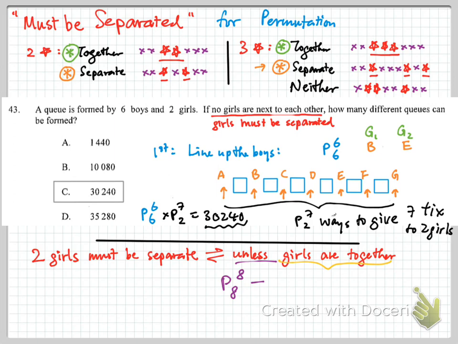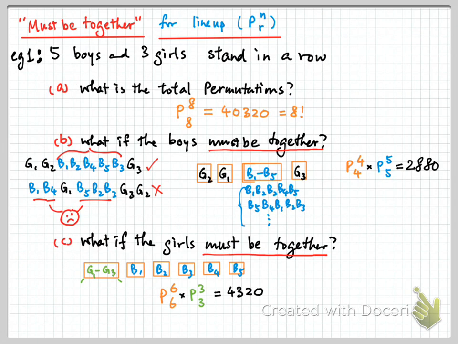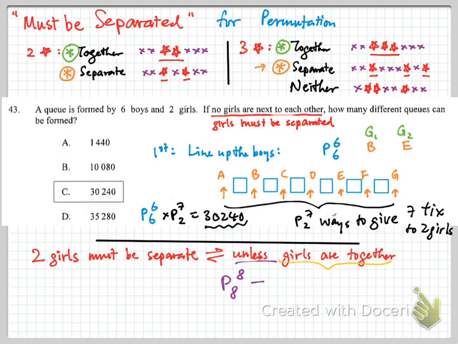Alright, we can look at the previous slide to see how we calculate must be together, right? So the girls are together. I prepare 1 box for the 2 girls. So altogether there are 7 boxes, right? 1 box for the girls and then 1 box for each of the 6 boys. Alright. So here are the boys, alright? And then we have 1 box for the 2 girls.